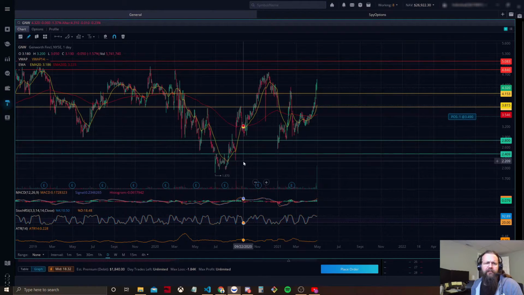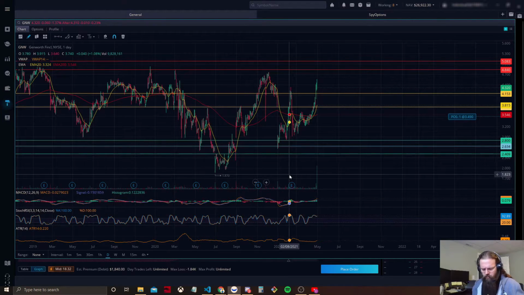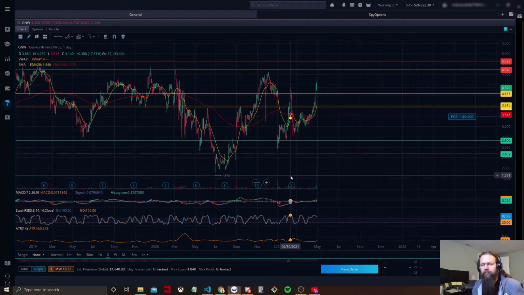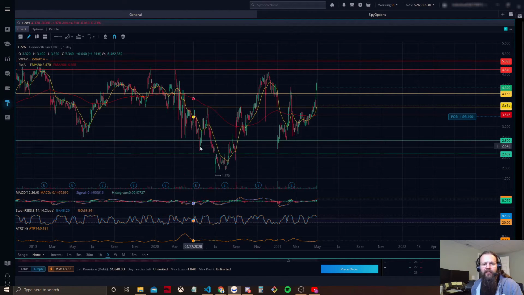And I drew some areas of support and resistance. It's another thing to keep in mind. It's easy to think of support and resistance as a singular line, because you're going up here into the horizontal line tool, and when you click, you just get basically a single spot. But it's not that simple. It's usually an area.